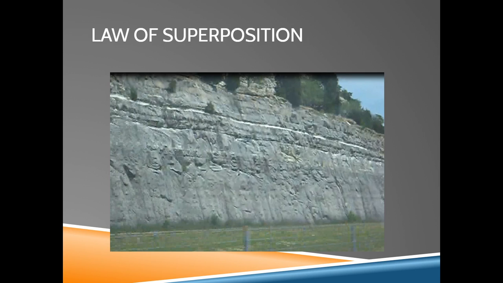In this picture, you can see one main huge white band at the top. That white band indicated there was some significant event that happened during that time frame. And that's what geologists look at. They go back in time by looking at the layers to determine what events happened. Maybe it was a flood, maybe it was a volcano, whatever it was, but they can tell that just by looking at the layers.